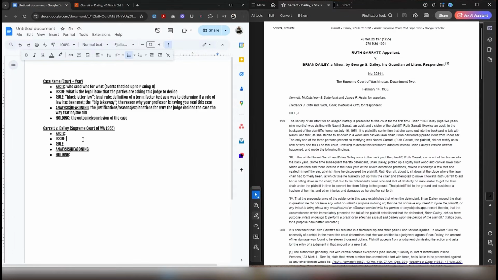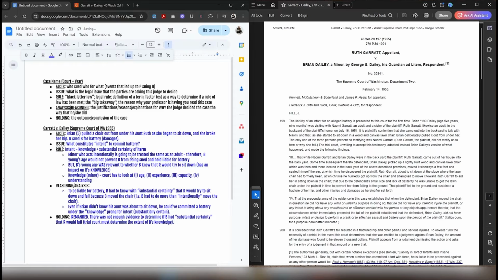And as you do, take notes on the video in these different sections. So the facts of the case, the issue, the rule, the analysis/reasoning, and the holding. So let me show you an example of what a case brief for Garrett versus Daly could look like. And the blue is the language, the explanation from the case where all of these different pieces tend to fit, right?